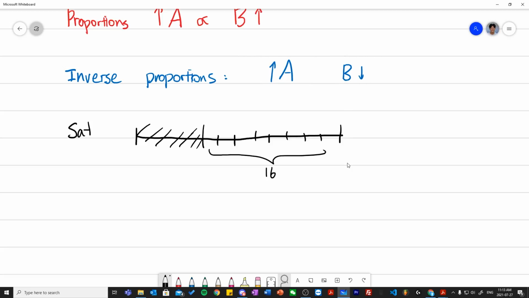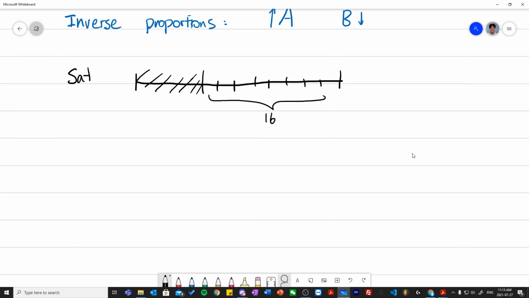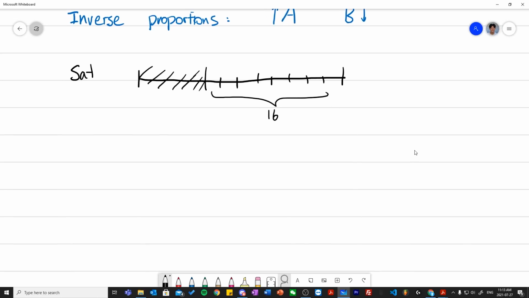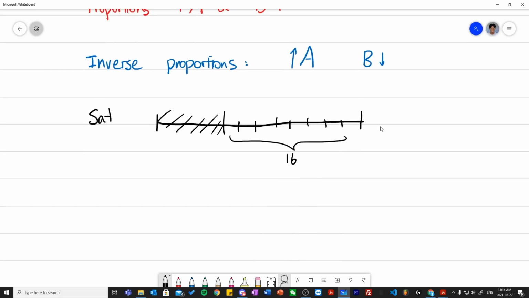Any other questions, Jeffrey, please let me know. But I'm going to continue with the lesson, and the lesson is recorded, so you can always use it to refer back. So let's say these are the amount of time spent on each task. Then I'm able to do more tasks if I spend less time on each task within a day. So that's an example of when A increases, B decreases.